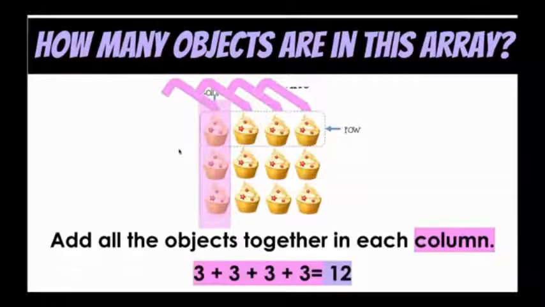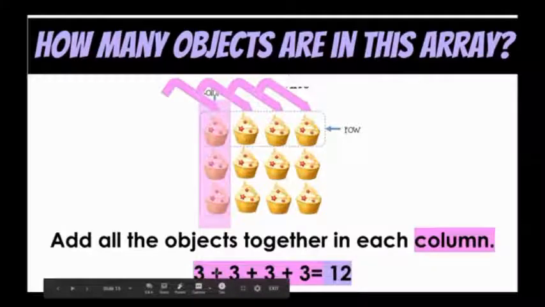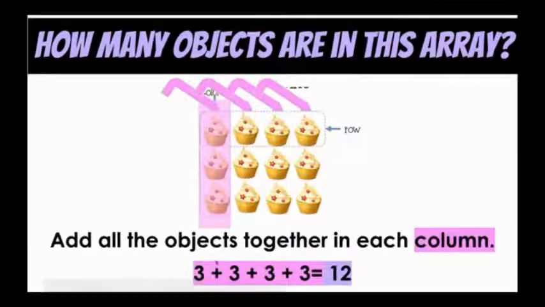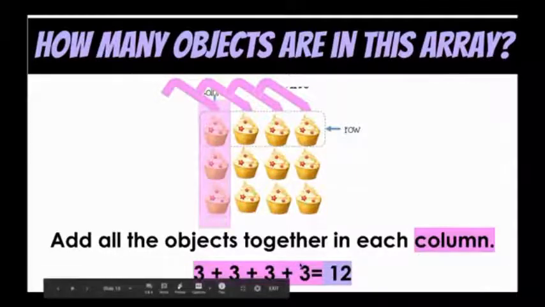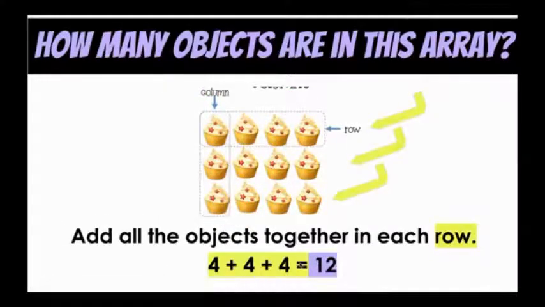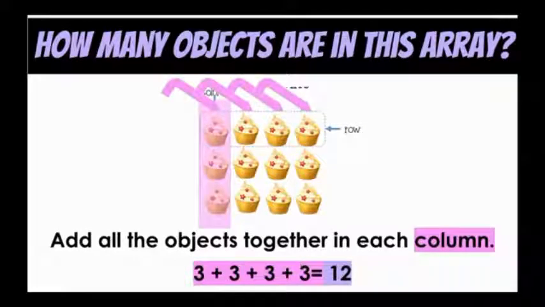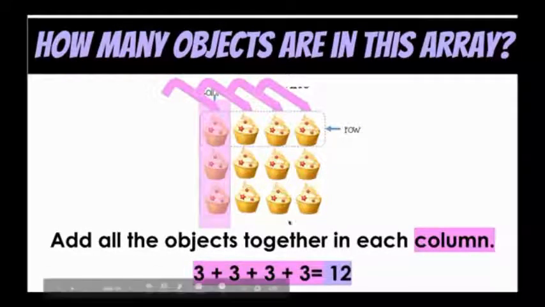So together, I'm going to add 3 plus 3 plus 3 plus 3, which also equals 12. The number of cupcakes in my array didn't change. Only my repeated addition problem did. Both 4 plus 4 plus 4 and 3 plus 3 plus 3 plus 3 are repeated addition problems that represent the number of cupcakes in this array.